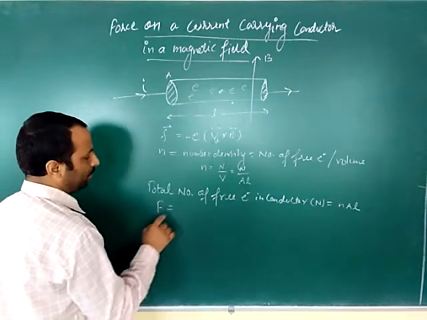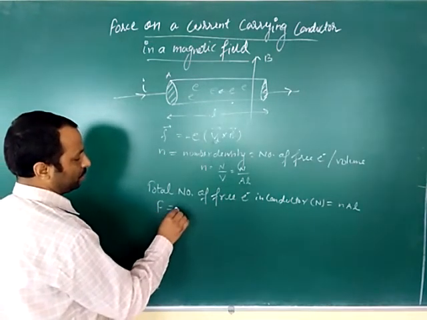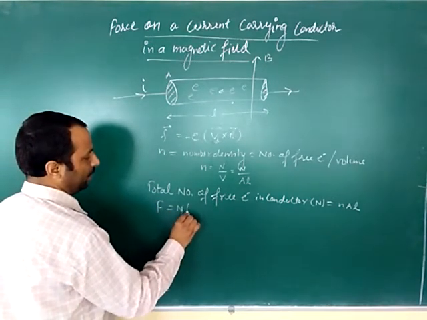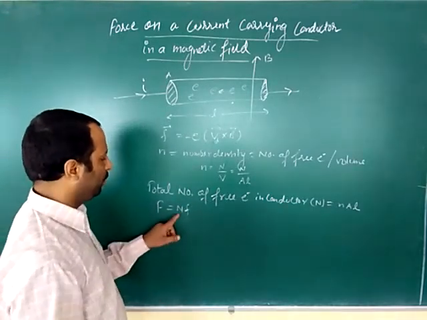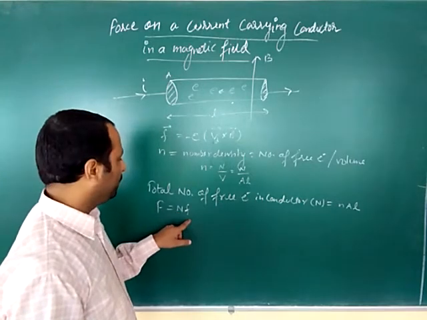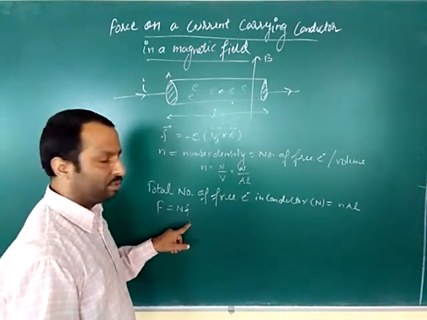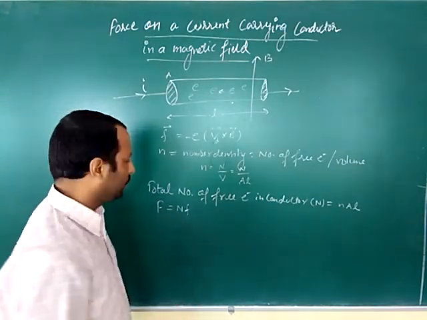So I am defining the total force. Can we write it as n into small f? That is, the total number of electrons multiplied by the force experienced by a single electron. That will give you the total force.